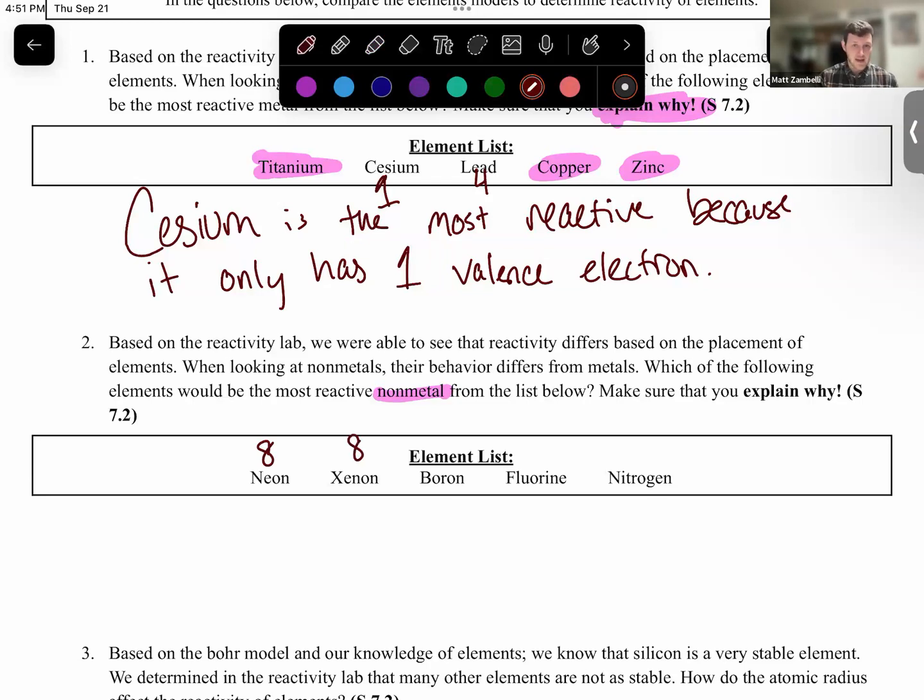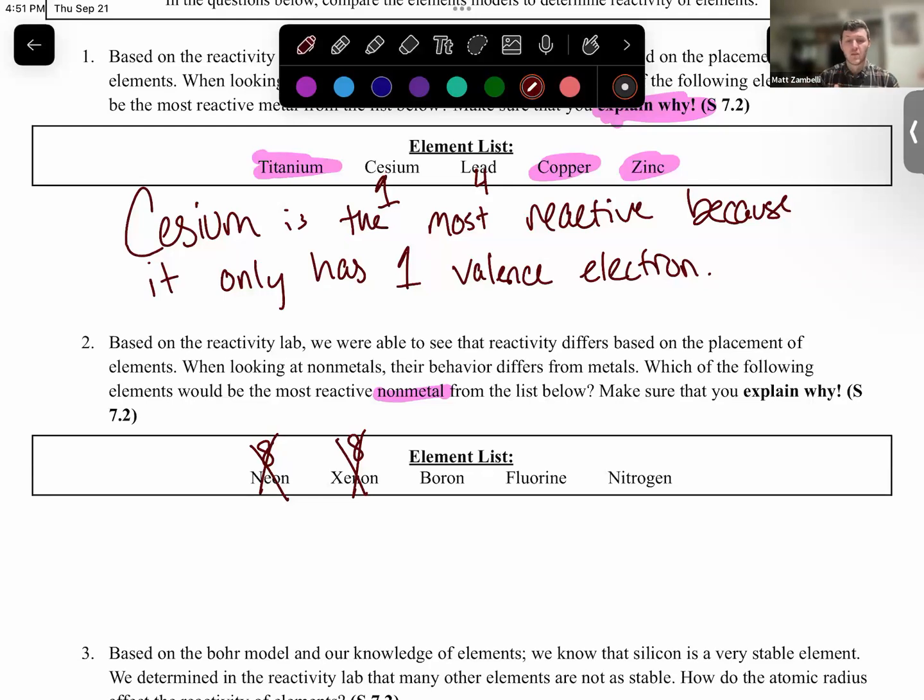And if they have 8, they're not going to share or give or take electrons from other elements, which is why things are reactive, which means that these guys aren't going to react. Right? They don't react at all. They aren't going to mix with other things. Neon is always going to be by itself. Xenon is almost always by itself. There's only a couple instances where that ever changes. Nothing we'll ever see.